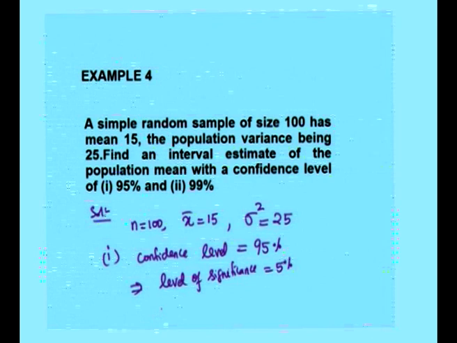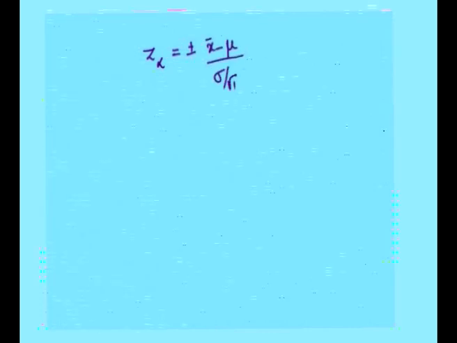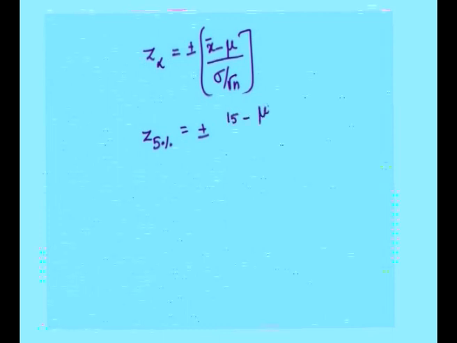Okay. Therefore, we will write down the formula Z alpha is equal to plus or minus, because it is in the modulus you will have to write the plus or minus, x bar minus mu divided by sigma by root n. Okay. And Z at now substitute all the values, Z at 5% is equal to plus or minus x bar value is given to be equal to 15, mu only we are finding.